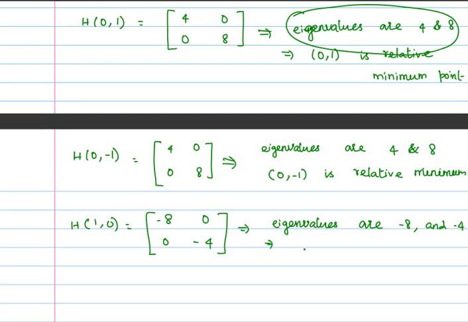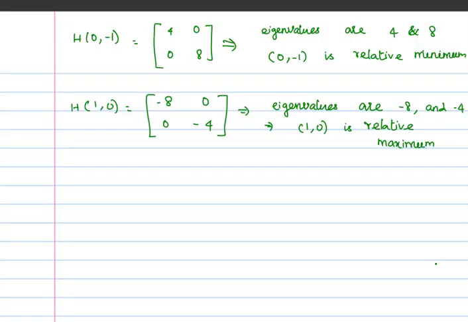So, this implies 1 comma 0 is a relative maximum. Some people call it relative maximum, as locally minimum or local maximum. Okay, the word relative can change to locally.